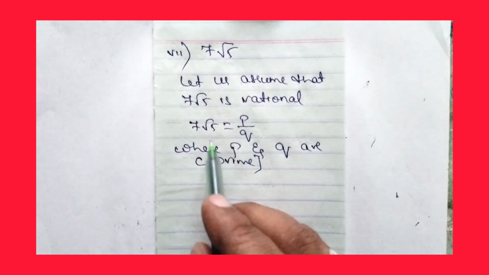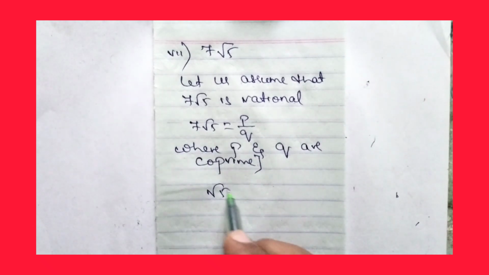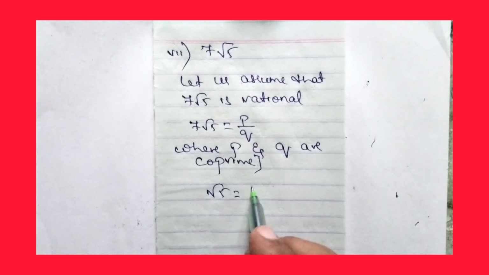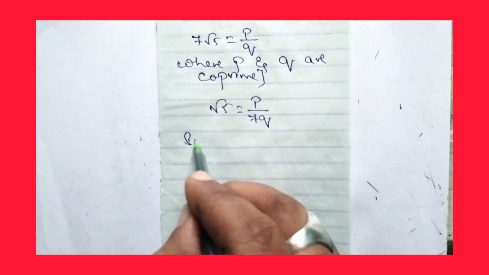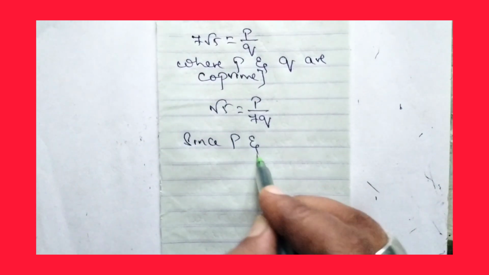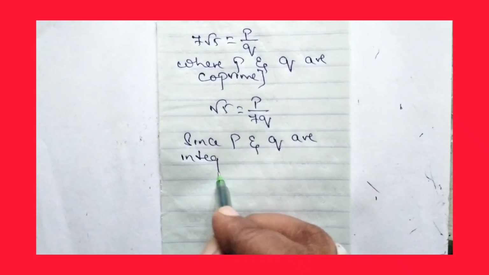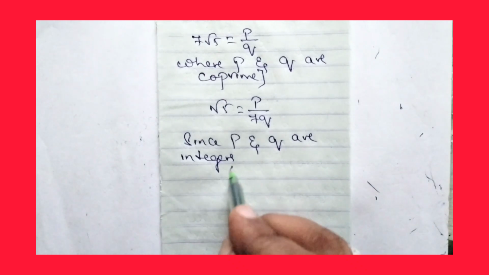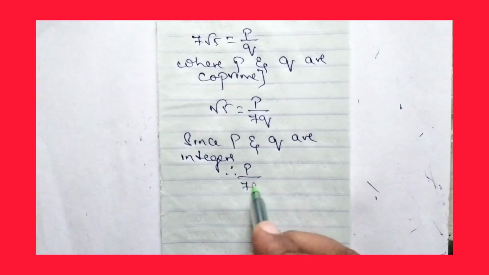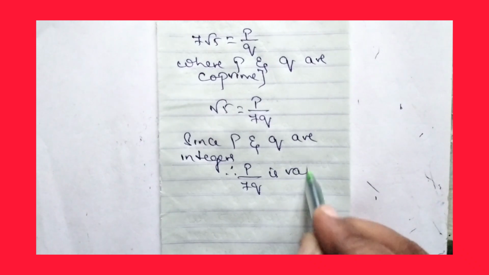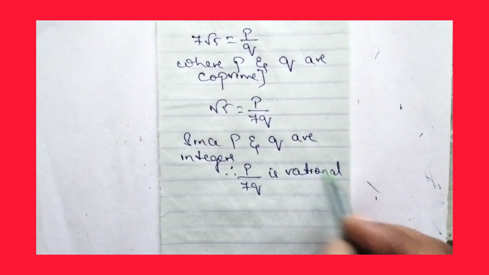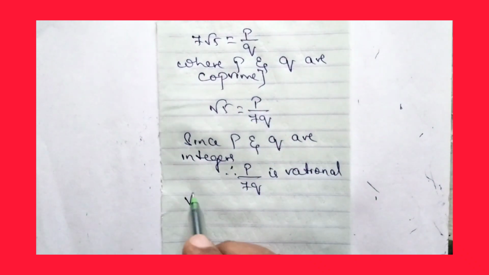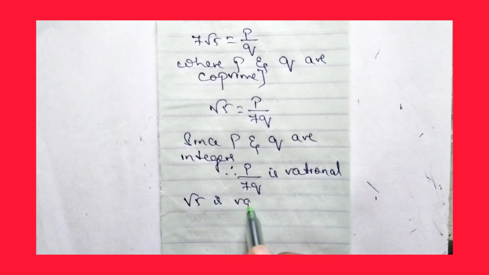So root 5 is equal to, you bring this 7 to the denominator, P by 7Q. Since P and Q are integers, therefore P by 7Q is rational. If P by 7Q is rational, therefore root 5 is rational.